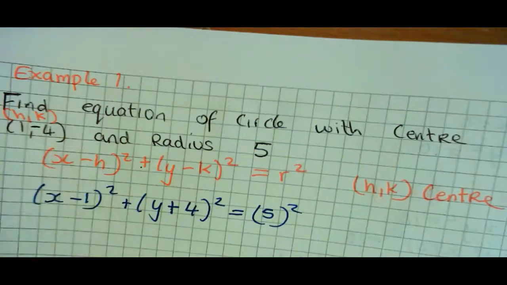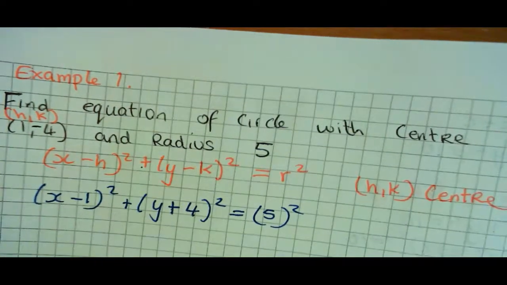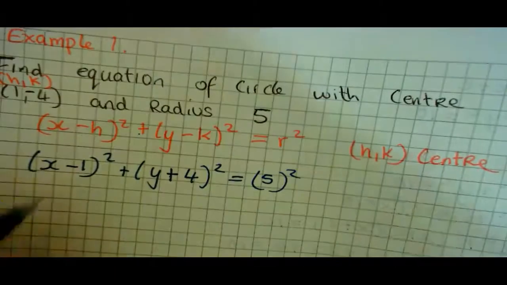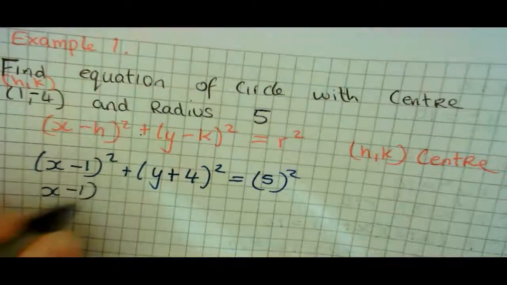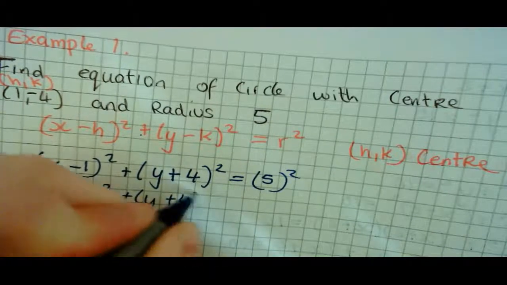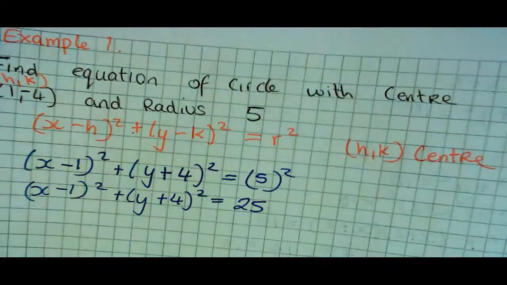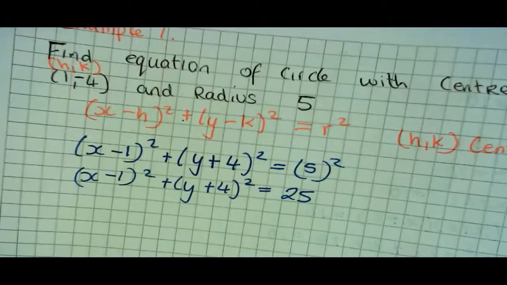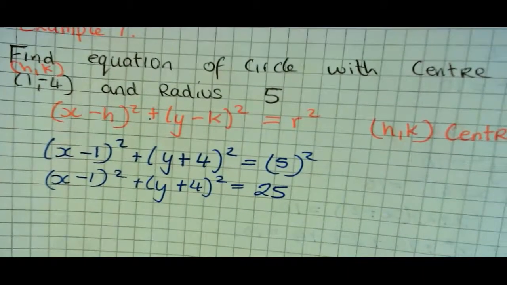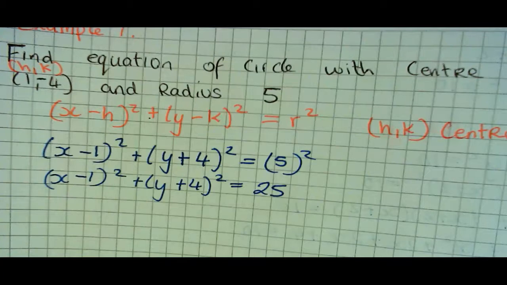Okay, and we can leave it in the form of x minus 1 to be squared plus y plus 4 to be squared is equal to 25, and we can actually leave it like that. Okay. So that's that done.